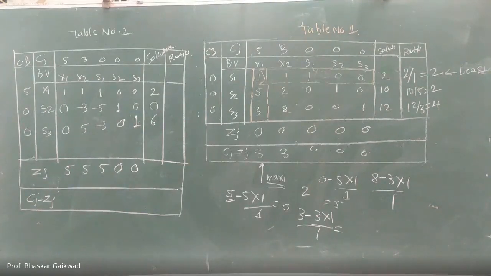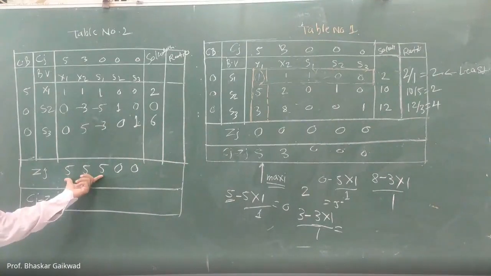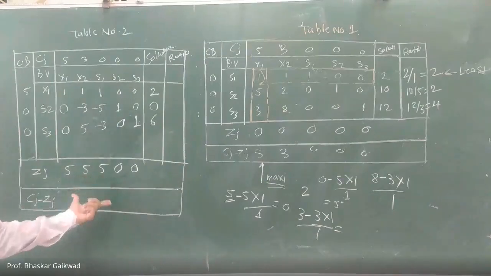Okay. Now out of this, you have to find out the row and column. So you can check here whether the condition is followed or not, because all are positive. Right?